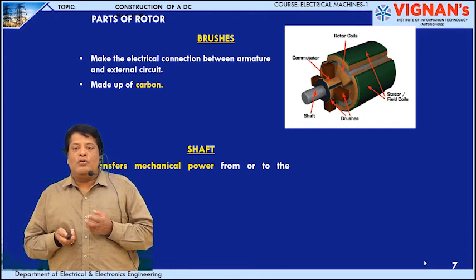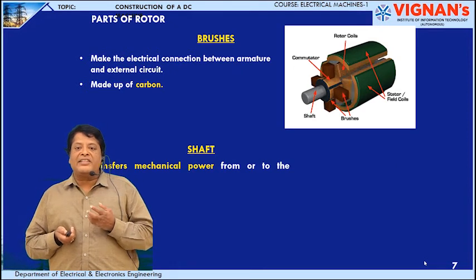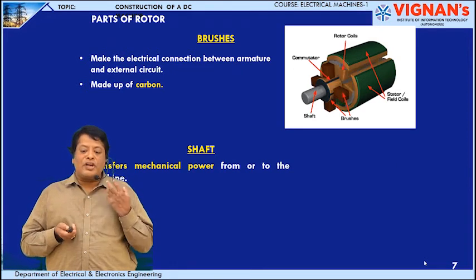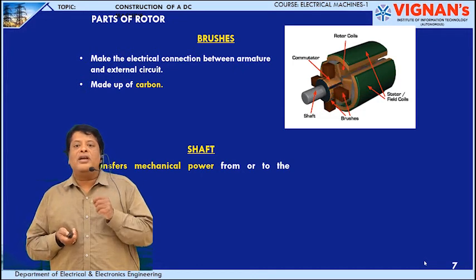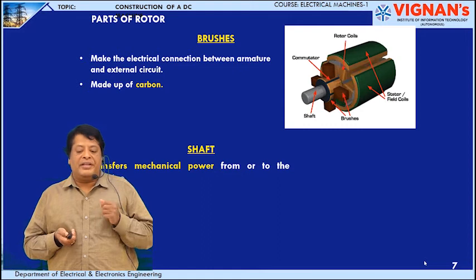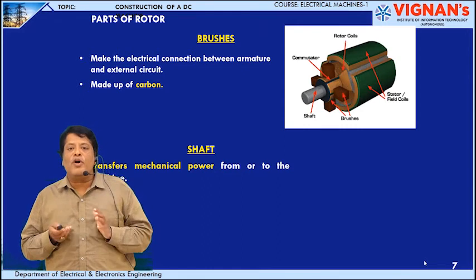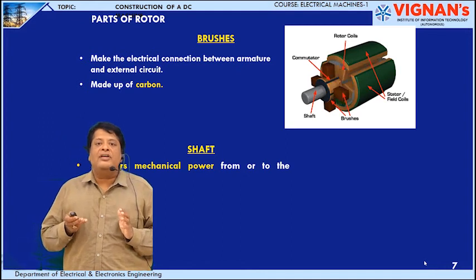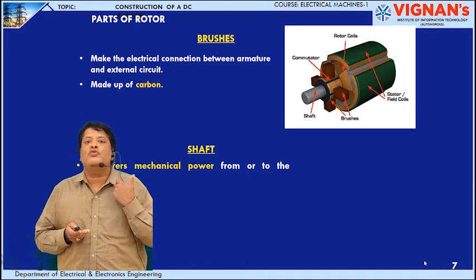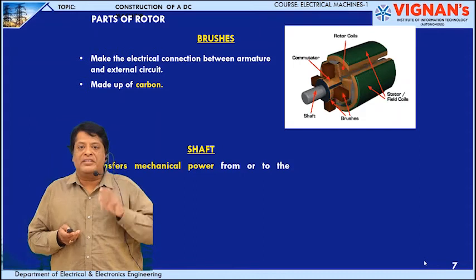To make an electrical connection between the external circuit and the armature, it happens through the brushes and commutator. Whenever we want to make a connection between a rotating part and a stationary part, we should definitely go for the commutator and brushes.